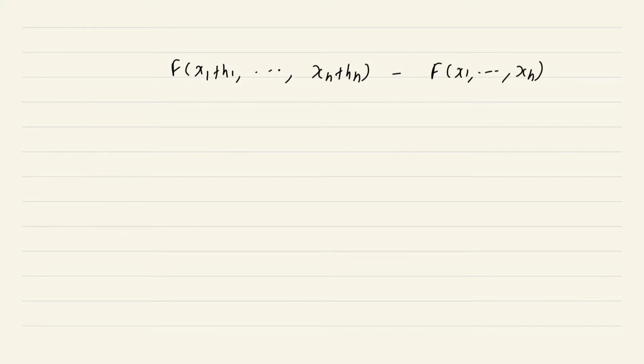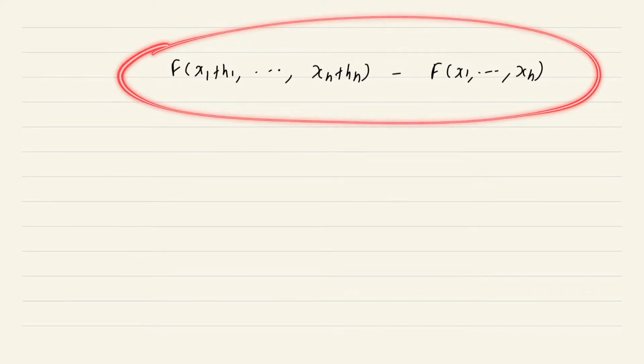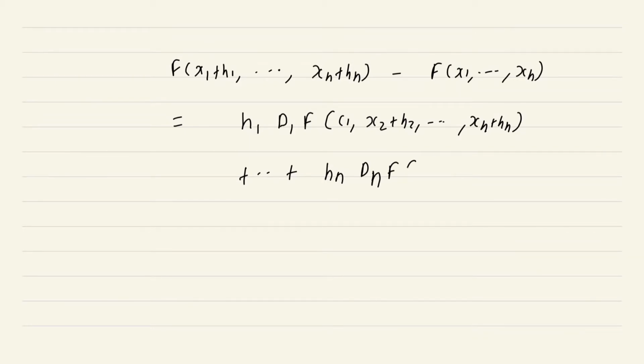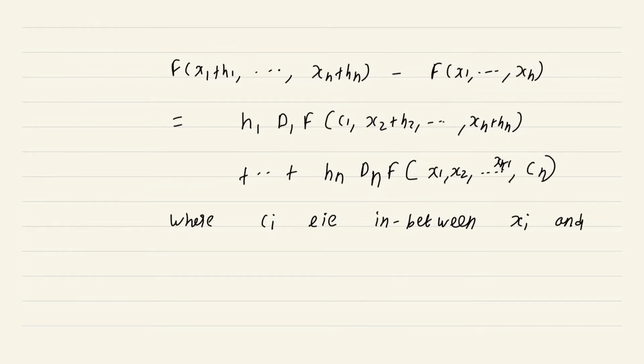During the course of that proof, we had actually considered this difference, and we know that this difference is equal to h1 d1 of f of c1, x2 plus h2, dot dot dot xn plus hn, plus dot dot dot hn dn of f of x1, x2, dot dot dot cn, where ci lie in between xi and xi plus hi.